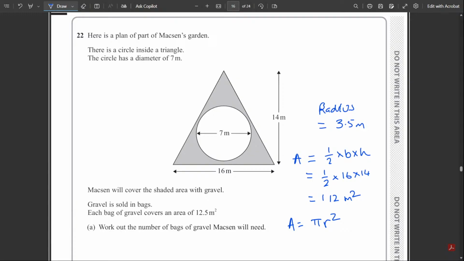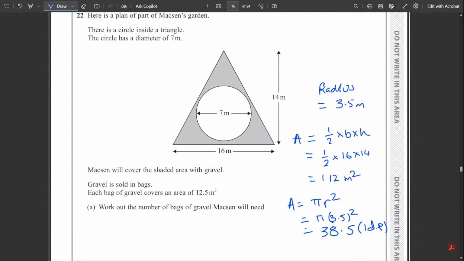So we get 38.5 to one decimal place. So the area of the circle is pi times 3.5 squared, which is 38.5 to one decimal place. Again, I'm not using a scientific calculator, so this might be an issue there.